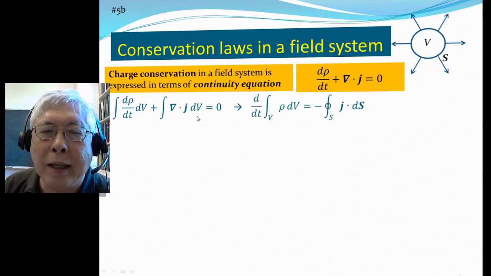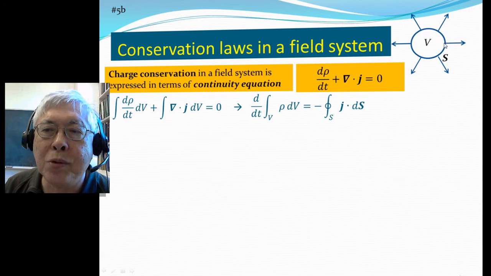For the first term, I can interchange the differentiation with the integration, so the first term tells the rate of change of charge in the volume V. For the second term, I can use the divergence theorem to turn the volume integral of the divergence into a surface integral over a closed surface around the volume, J dot dS, where dS is the element of the surface.